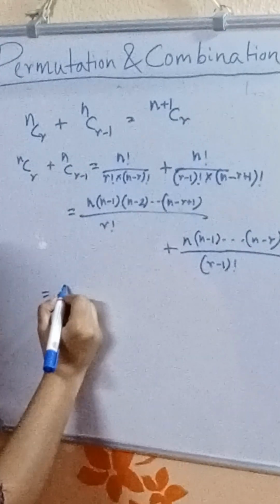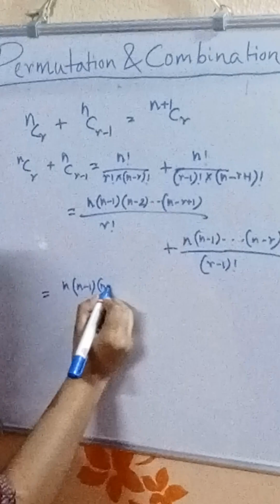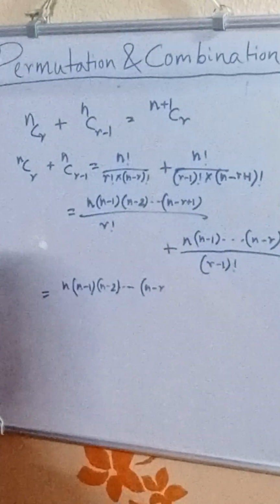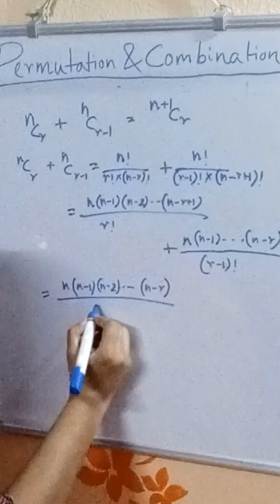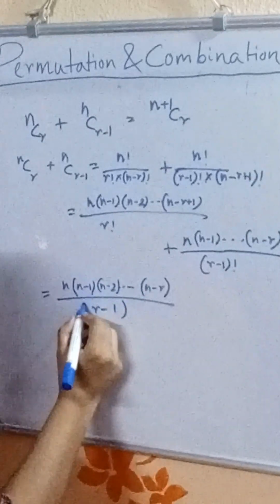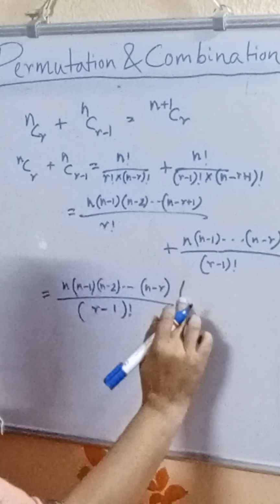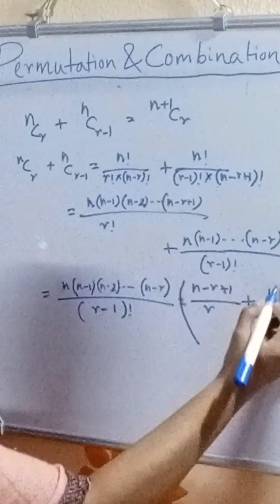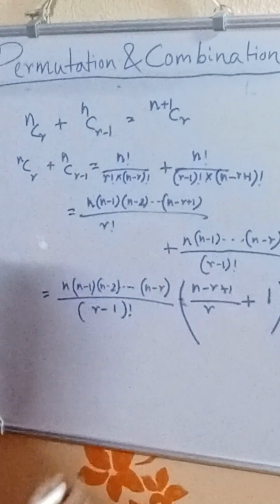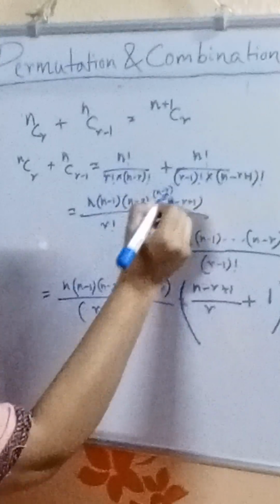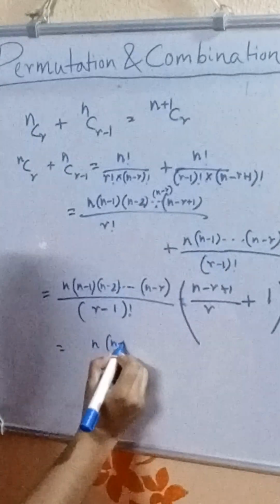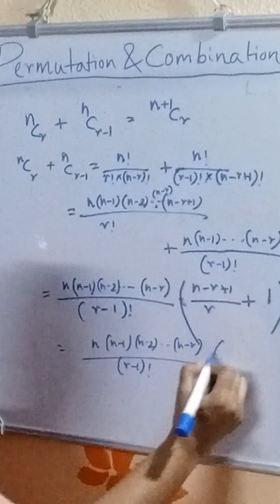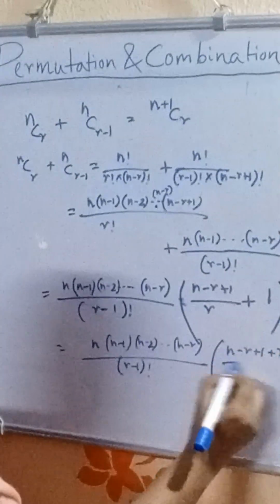Now taking common n into n minus 1 into n minus 2 ... n minus r by r minus 1 factorial, we get n minus r plus 1 plus r by r.